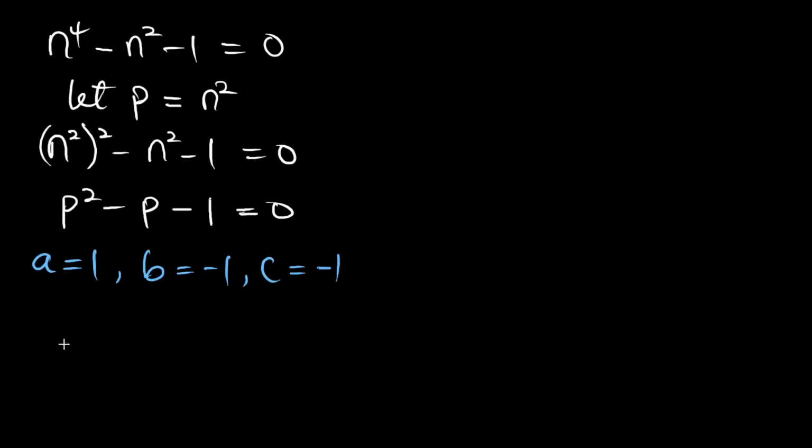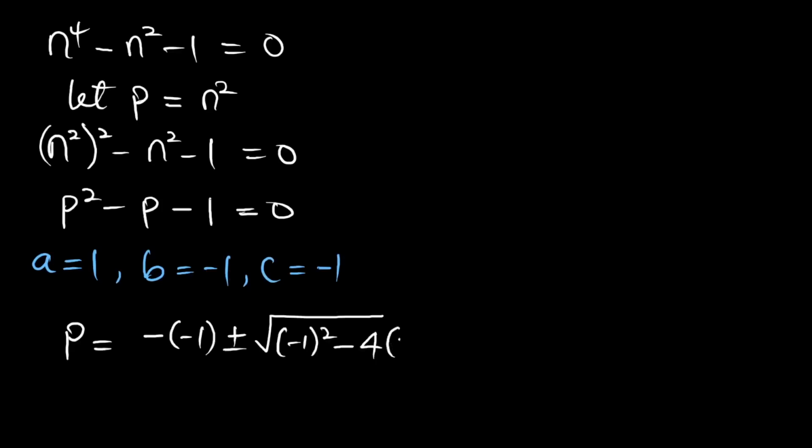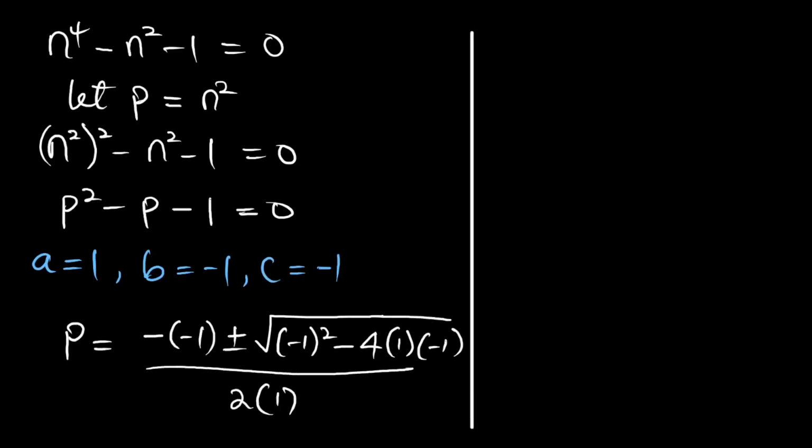From the quadratic formula we have minus b, b is minus 1, so minus minus 1 plus or minus the square root of b square, so minus 1 square minus 4 times a is 1 and c is minus 1, all over 2 times a, 2a is 1.